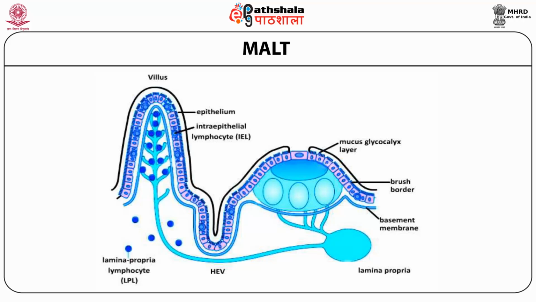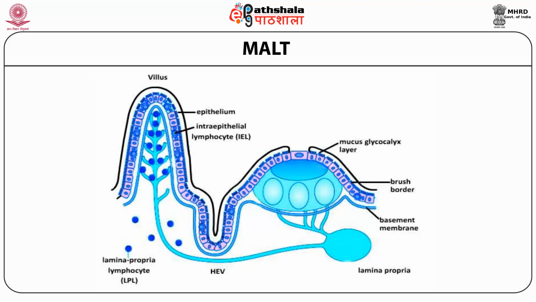MALT tissues are of two kinds. One class is those of subepithelial lymphocytes forming follicles covered with specialized epithelial cells called microfold or M cells. These M cells are shown there in the figure.